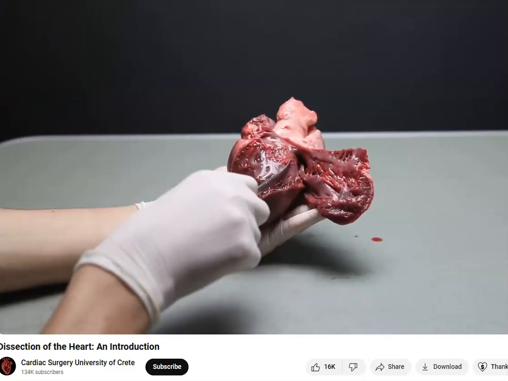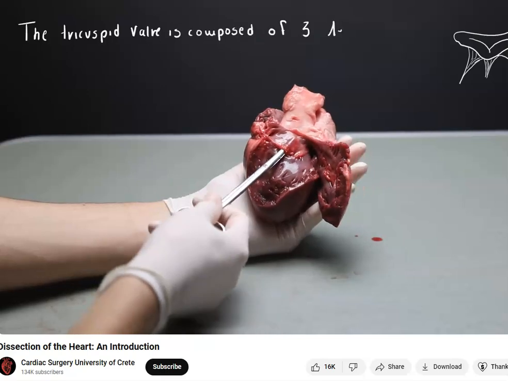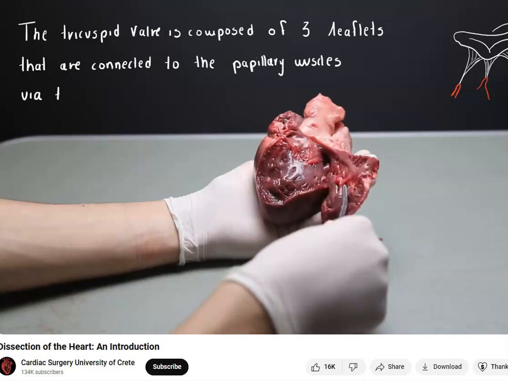Here you can see the inside of the ventricles and the valves. So what they're poking through is the material that holds the valves.